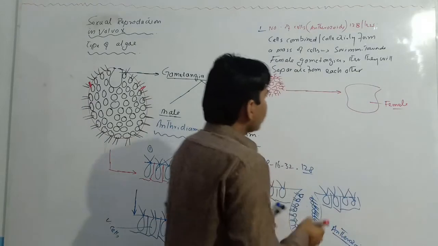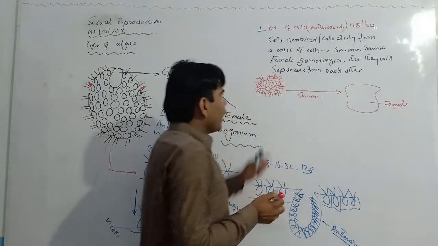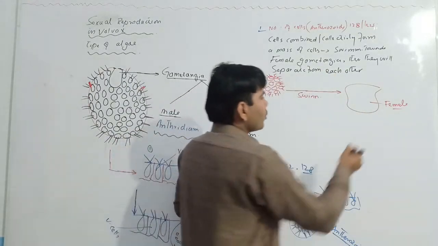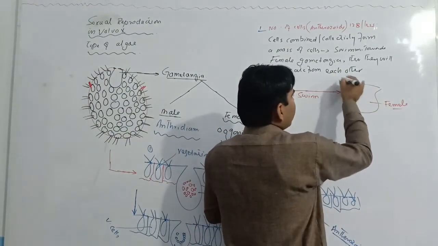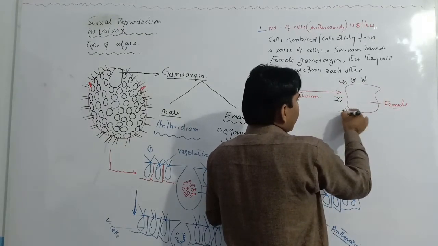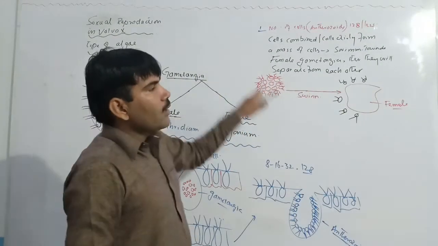They will swim from here up to here. When they come close to this female Gametangia, they will separate from each other for the process of fertilization. So it was the first case.